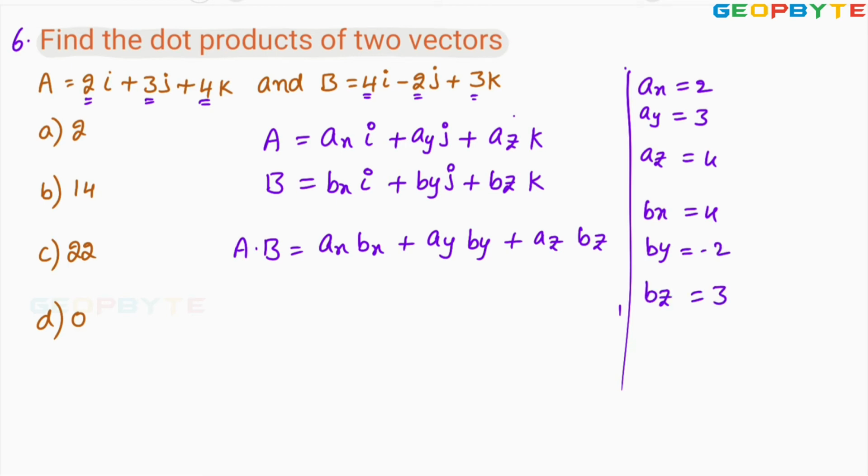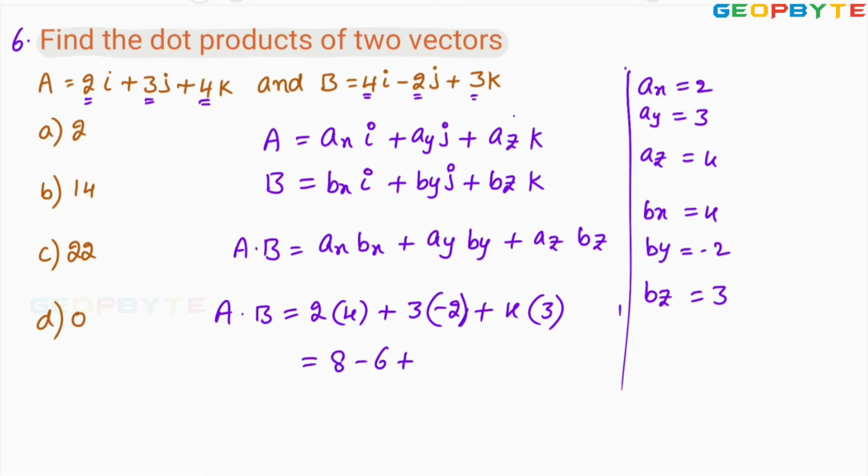BZ equal to 3. So dot product AB equal to AX into BX, 2 into 4, plus AY, 3 into BY, which is minus 2, plus AZ, 4 into BZ, which is 3. It is equal to 8 minus 6 plus 12. 8 plus 20 minus 6.